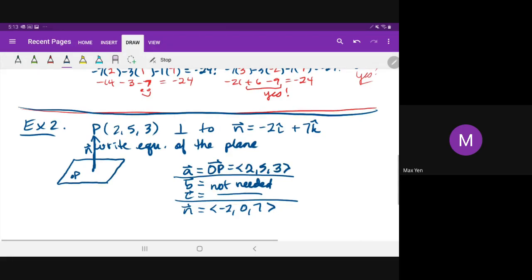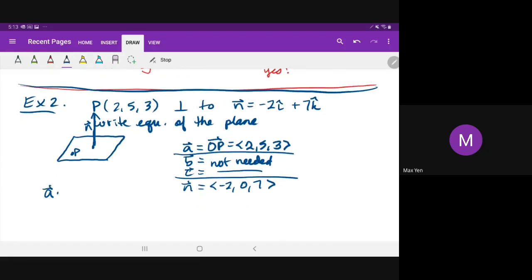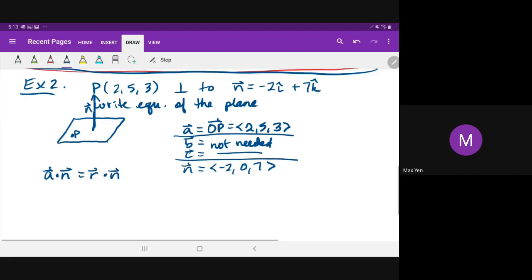So I've got my structure and my picture, and then I'm going to use my formula. You're going to want to write your formula, A dot N equals R dot N. Except, I wrote it backwards.